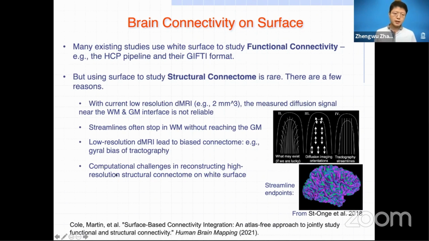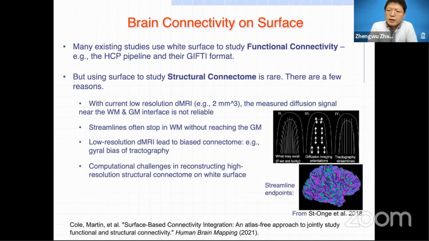Another challenge is the computational challenge. This morning, Annie just talked about some correlation, decomposition, and so on, if you were in her talk. Here we also have the same challenge. On the surface, think about the resolution of the surface. If you have 10,000 vertices to represent your surface, then you're probably going to want to reconstruct a 10,000 by 10,000 connectivity matrix.